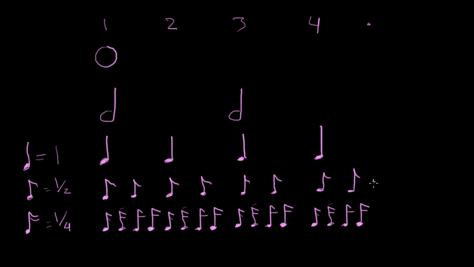So while these were called 8th notes, these are called, down here, 16th notes. So there's 4 for every quarter note, and there's 16 of them for every whole note.